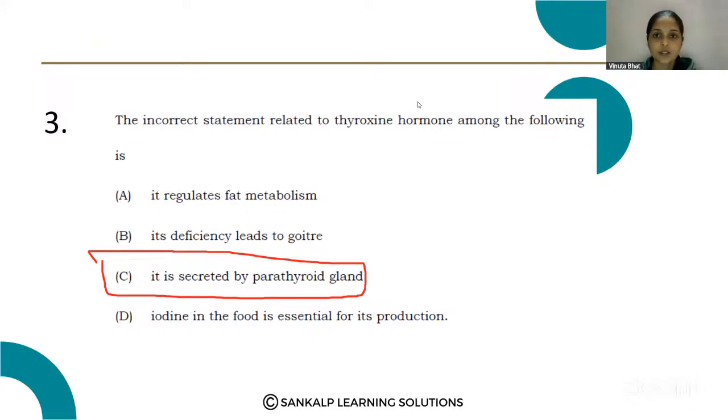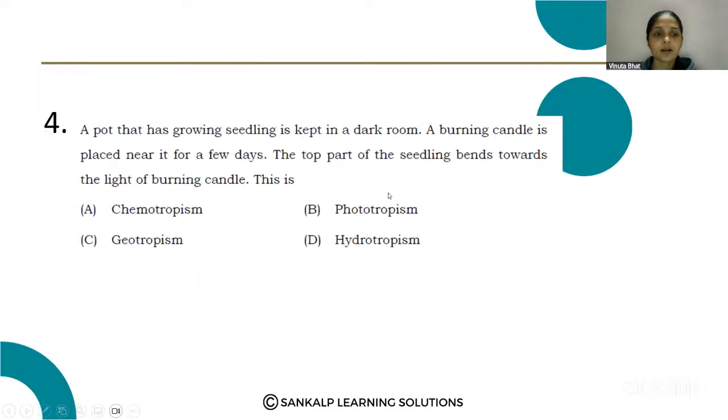Students, comment the correct answer in the chat box. A pot that has a growing seedling is kept in a dark room. A burning candle is placed near it for a few days. The top part of the seedling bends towards the light of the burning candle. This is chemotropism, phototropism, geotropism, or hydrotropism?